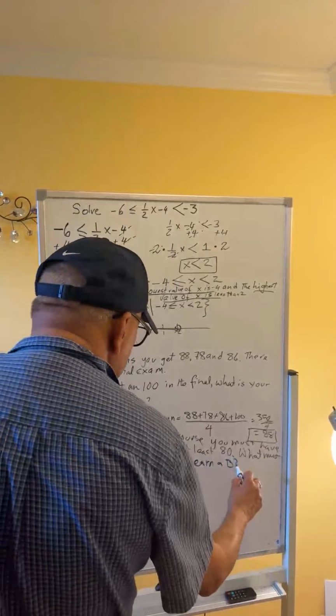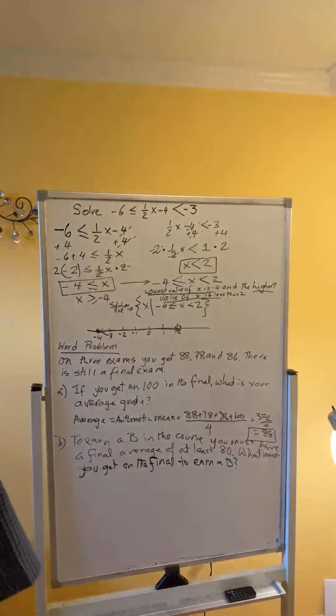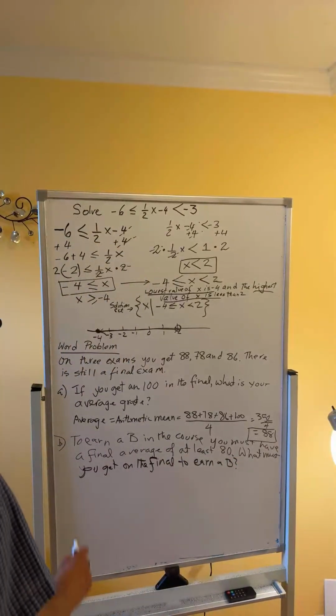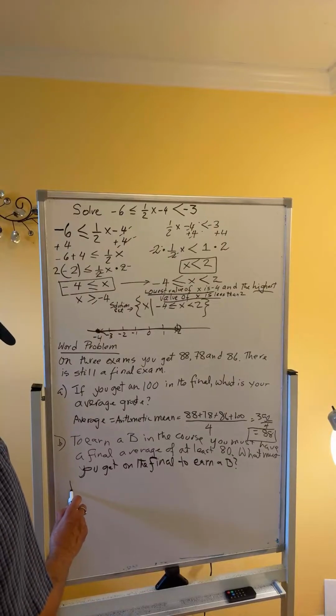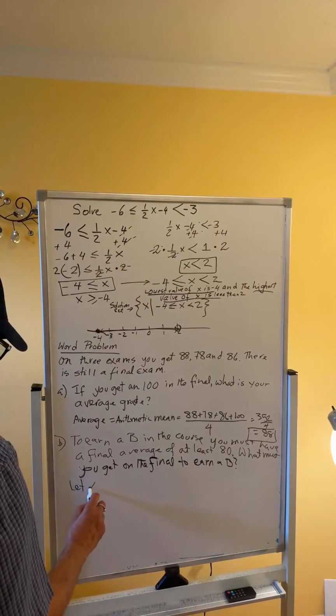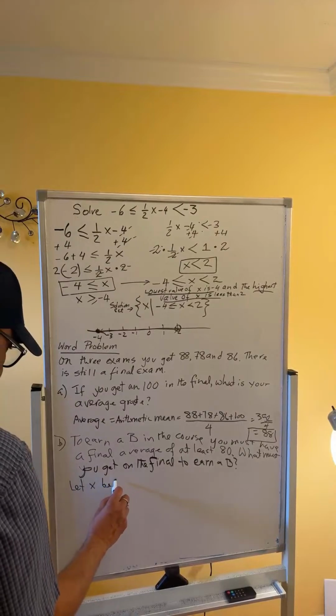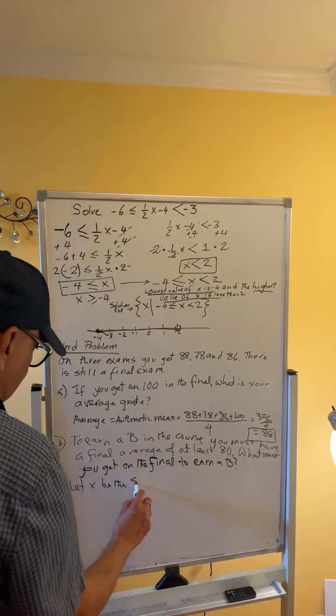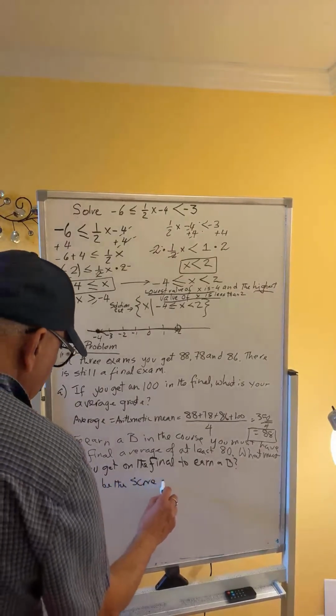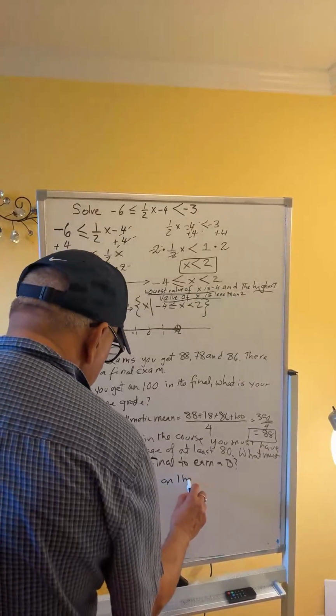That is the question. So how will you solve this problem? You don't know the last exam score in algebra. The unknown is always X. Let X be the score on the final.